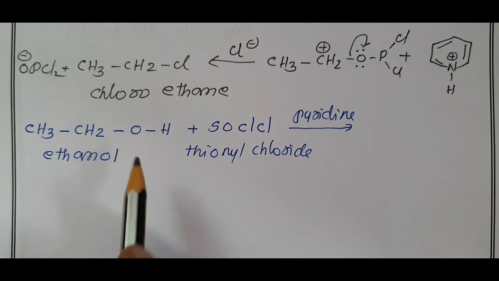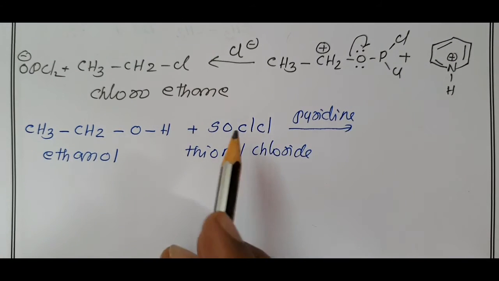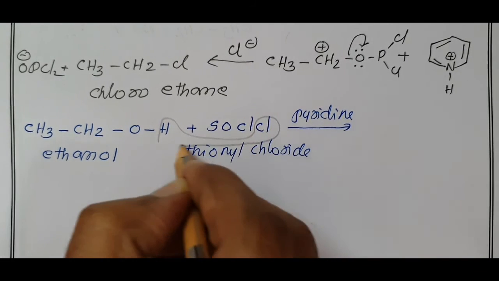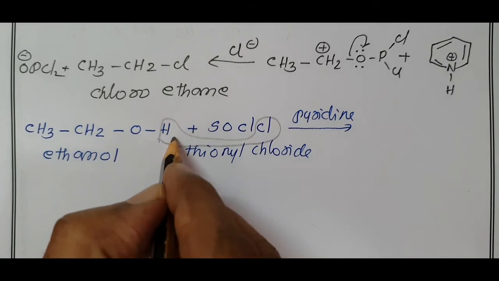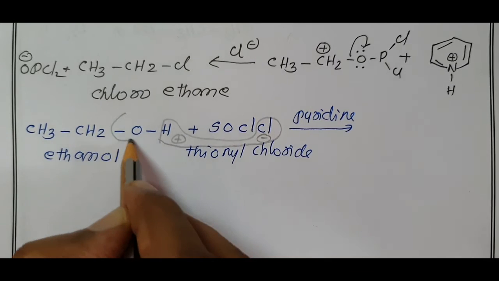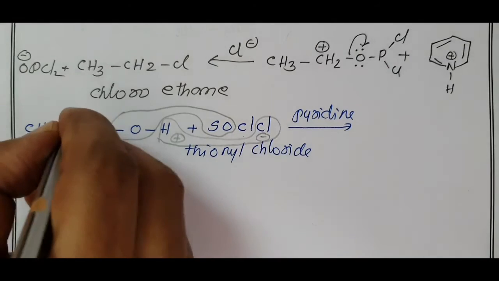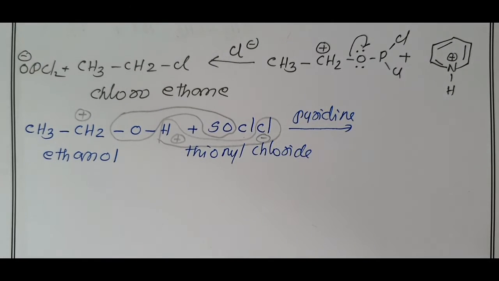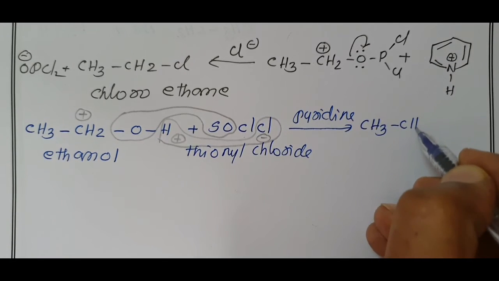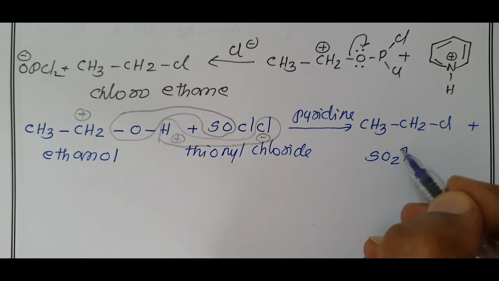We know functional groups undergo chemical reactions; at the same time, we are studying nucleophilic substitution reaction. So OH minus is replaced by Cl minus; H plus and Cl minus are removed as HCl. This oxygen combines with the SO and is removed as SO2. This chlorine is added to carbon plus, giving our main product CH3CH2Cl, chloroethane, plus liberation of SO2 and loss of HCl.